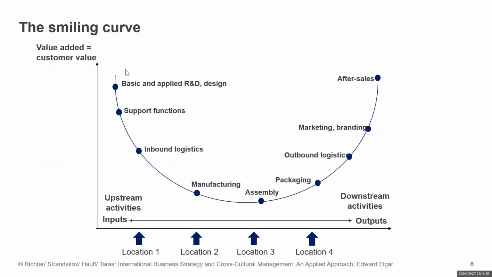So in business management theory, we have this smiling curve phenomenon. It is a graphical depiction visualizing where the most value is added along the production process of a product or service. So this kind of smiling curve, you can see it in many industries. We can take the pharmaceutical industry, for example.